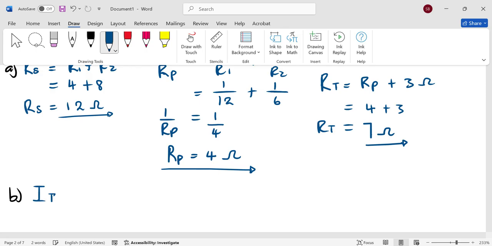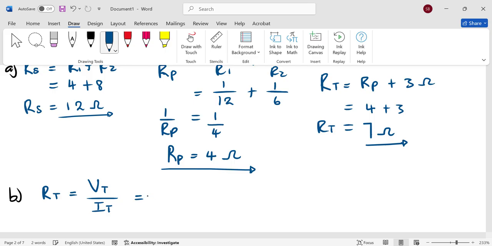What did I say in the previous question? If you want something total, you use everything total. So I can use Ohm's law. R equals V over I, but not just any I. I'm going to rewrite this as R total equals V total over I total.